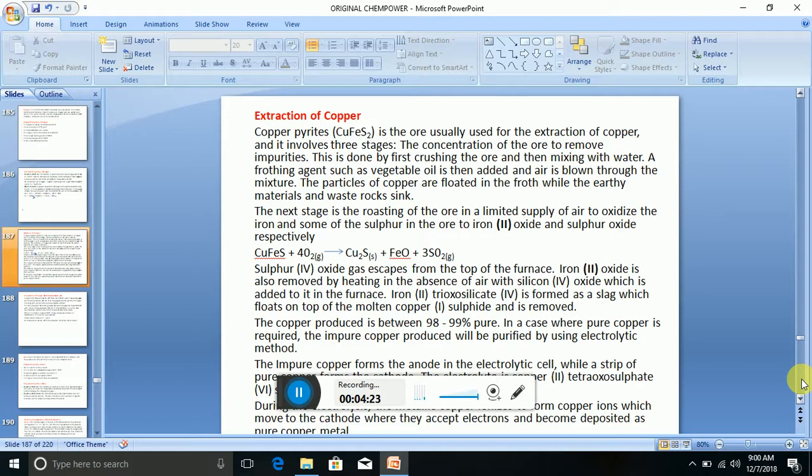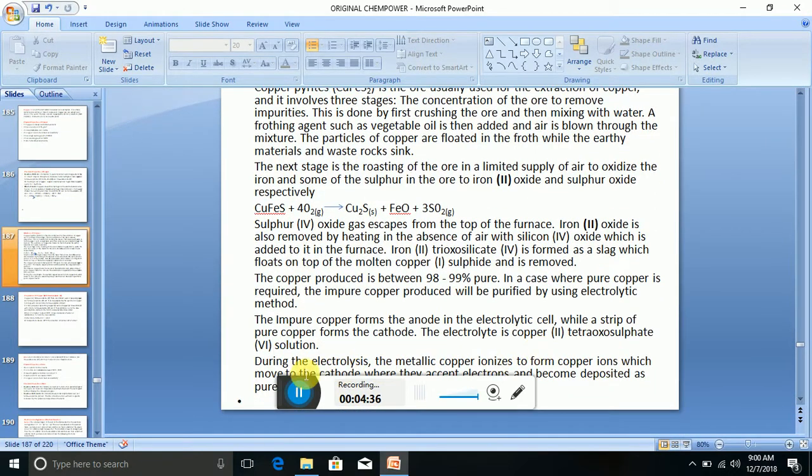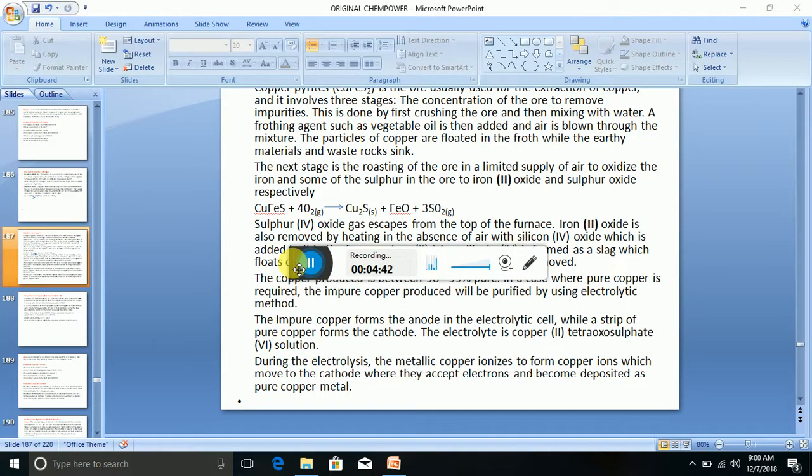In a case where the pure copper is required, the impure copper produced will be purified by using the electrolytic method. The impure copper forms the anode in the electrolytic cell, while a strip of pure copper forms the cathode.